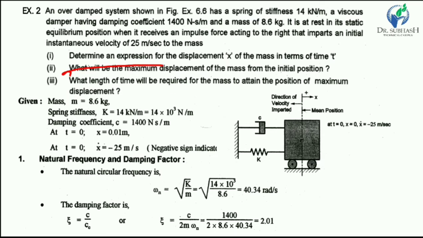First, determine the expression of the displacement x of the mass in terms of time t. Second, what will be the maximum displacement of the mass from the initial position. And third, what length of time will be required for the mass to attain the position of maximum displacement.